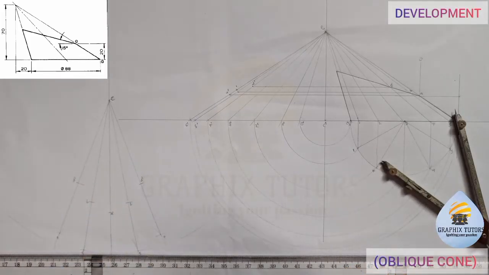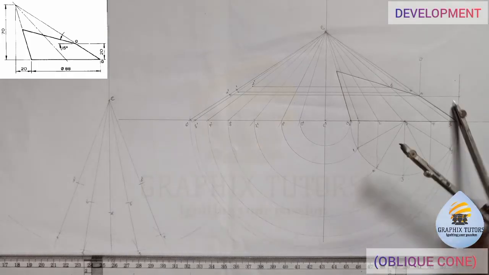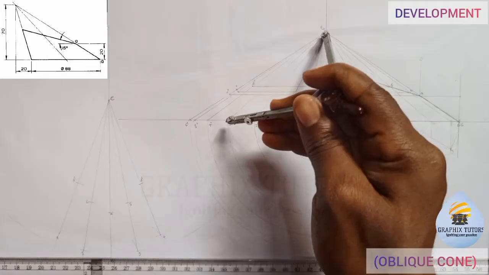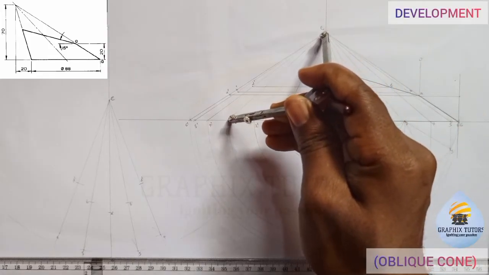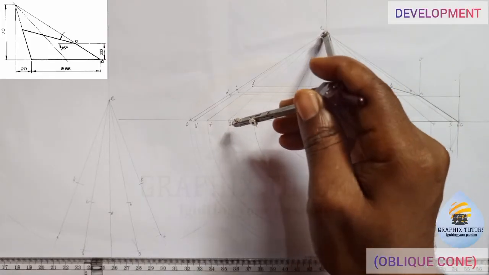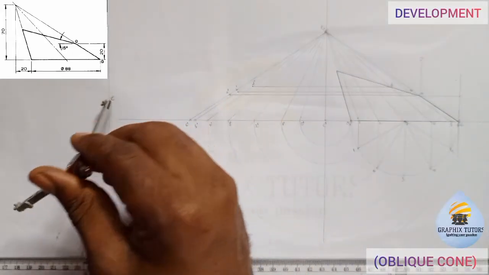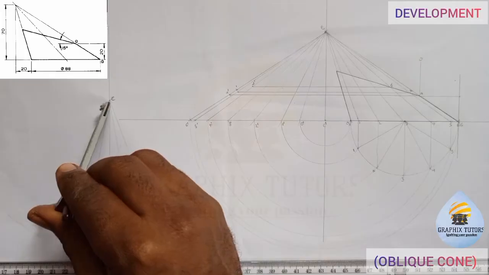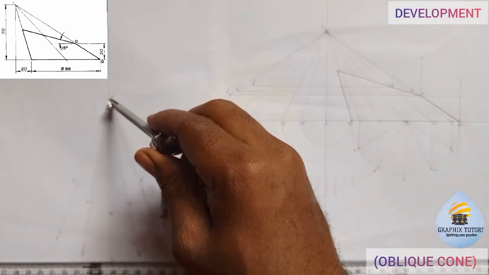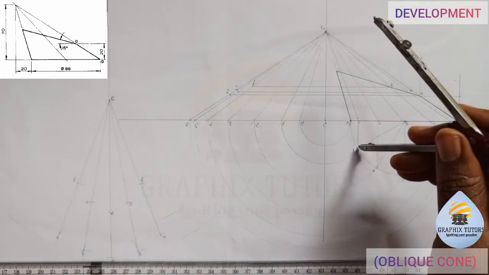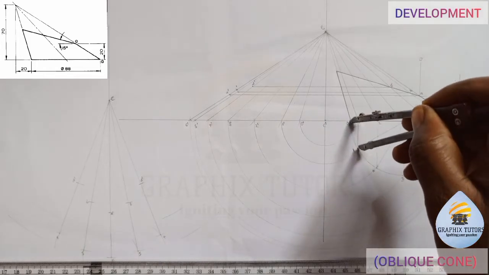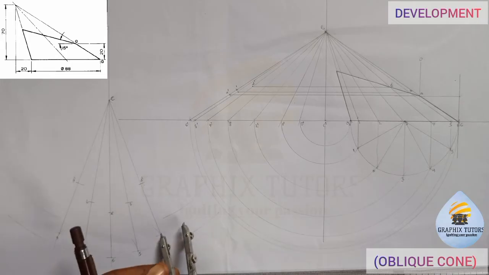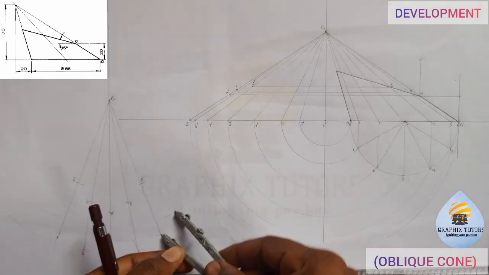Now the next one is I'll come from C to 3, right? I'll come from C here, I'll mark. Even before that, I'll just do a small arc here and a small arc here. Then I'll take the measurement here. Taking the measurement here, I'll come to 4, I'll strike an arc.